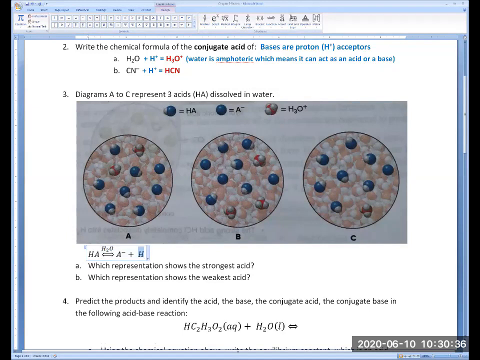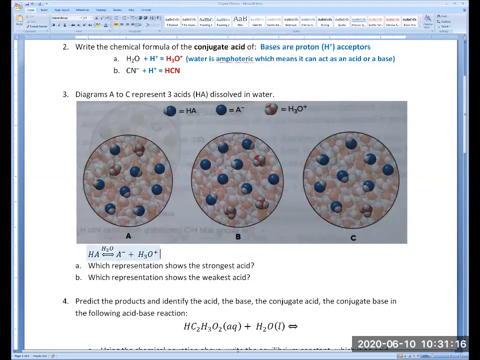So the reason why the H plus is not just written as an H plus here is because when you have H plus, the proton in water, it's never floating around as an H plus. It's actually binding to a molecule of water. And so the H plus is actually found as an H3O+.